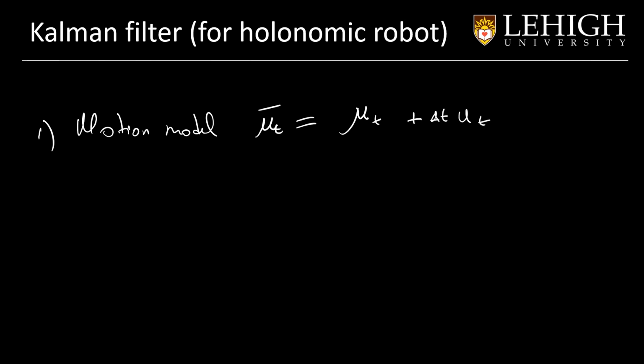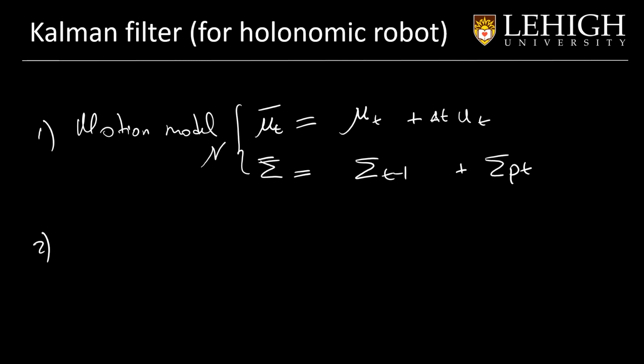Here there is a delta t that we can assume is 1, and for the normal distribution we need a covariance. The covariance will be equal to the covariance that we had plus the covariance that we had because we were moving. So that's the covariance of the prediction.